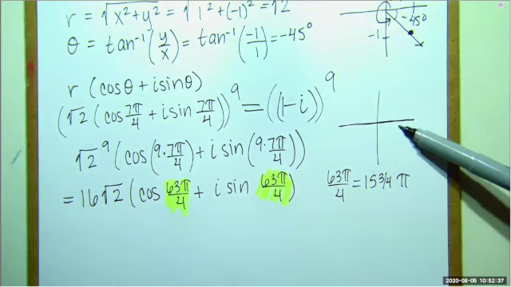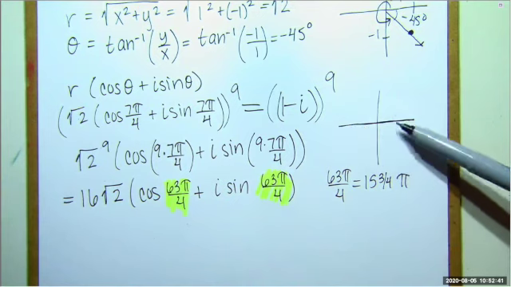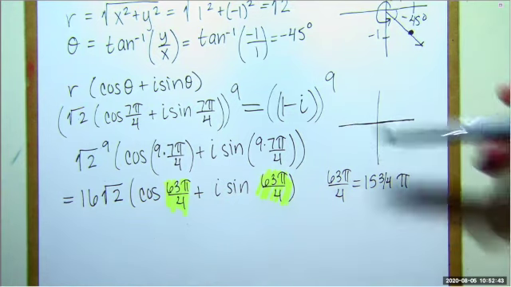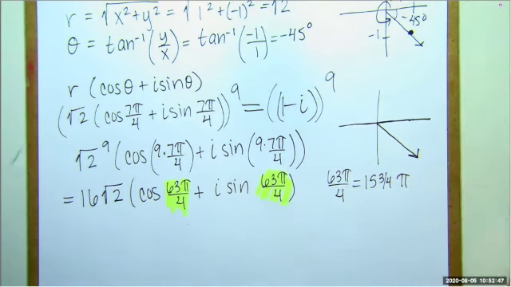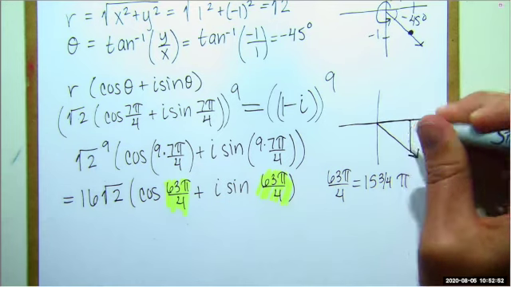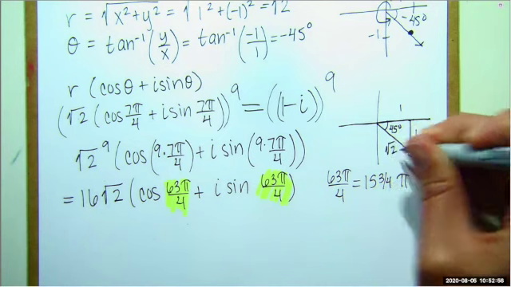So here's 1, 2, 3, 4. We notice that every odd pi, we're back here. So 15 pi should bring us here, and then 3/4 more would be here. So 3 pi over 4, we know that has a 45-degree angle in here, and our sides are 1, 1, and root 2.